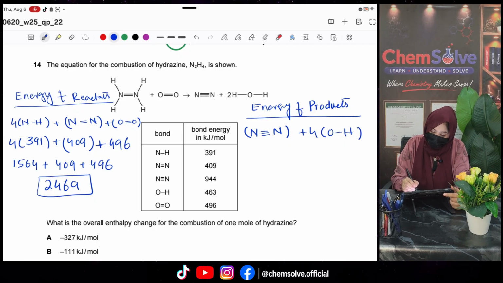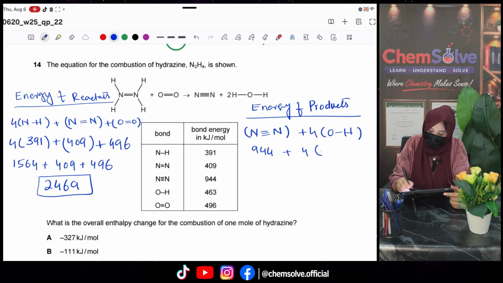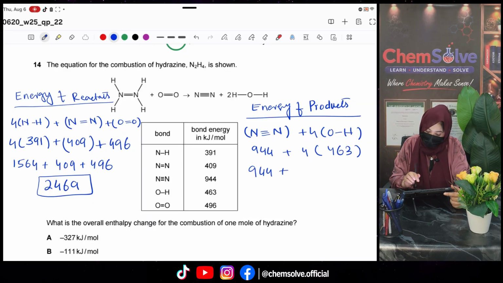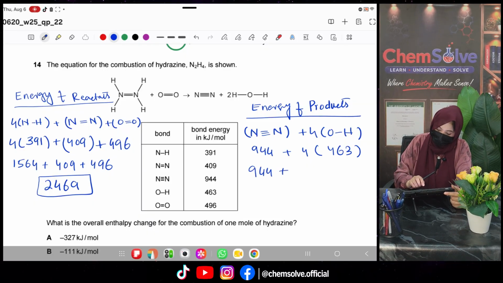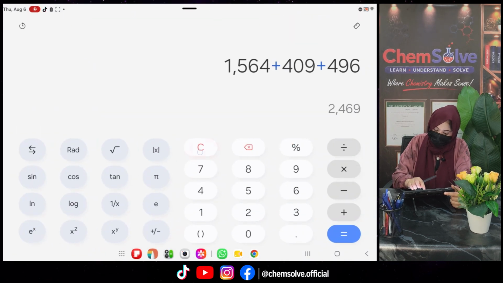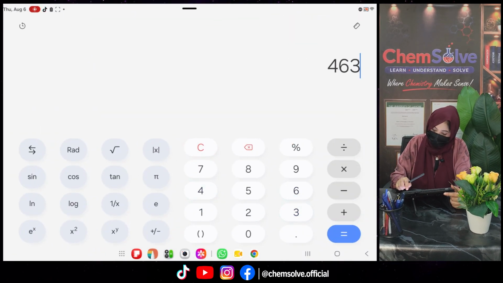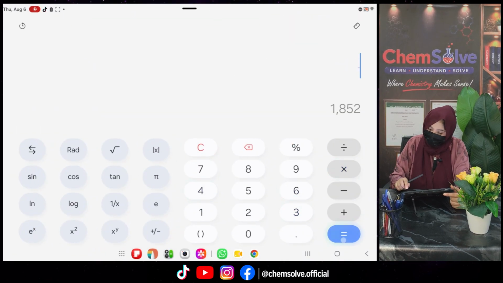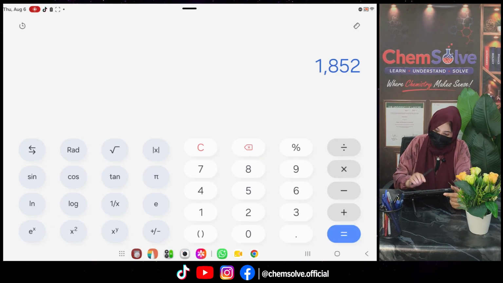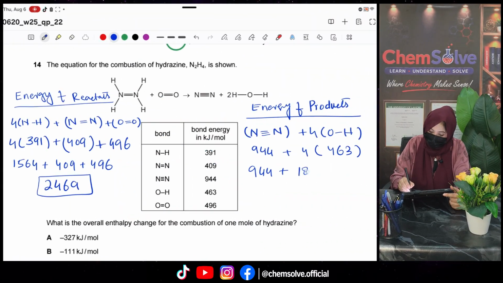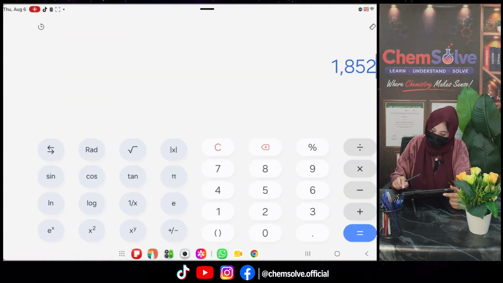The energy for the N triple bond N is 944, and for O-H bond it is 463. So 944 will be as such, and 463 multiplied by 4 is 1852.